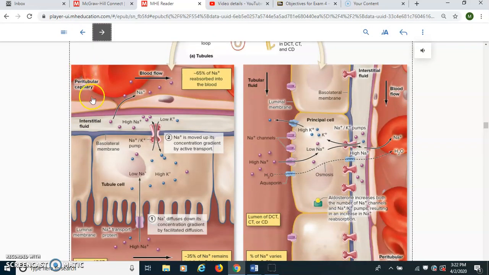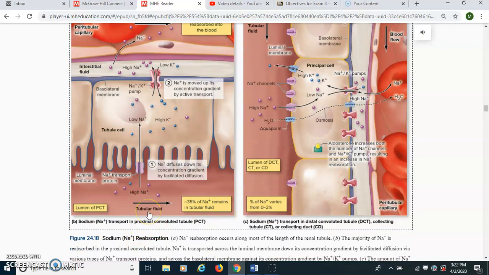So here is our peritubular capillary, its wall. And then we have the interstitial fluid. And then this is going to be one of the tubular cells in the proximal convoluted tubule. With sodium, it's higher in the tubular fluid than it is inside these cells. Generally that's true.